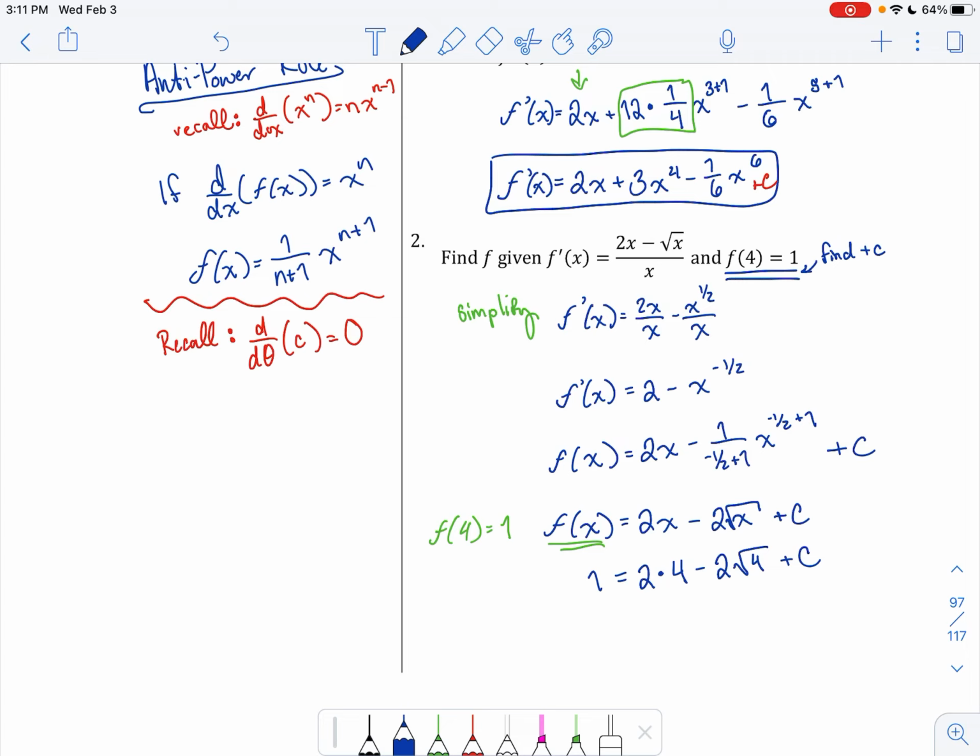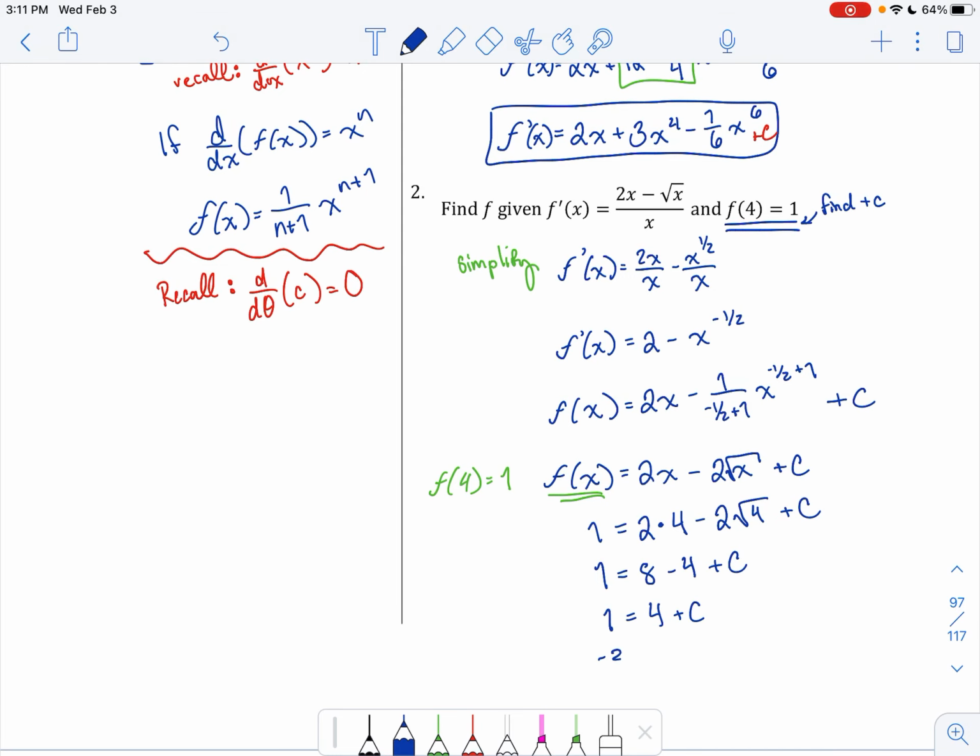And then all I want to do is solve for c. So 1 is equal to 8 minus 2 times root 4, which is 2 times 2. So then I've got 1 equals 8 minus 4 plus c. So that means 1 is equal to 4 plus c, meaning that negative 3 is equal to c.